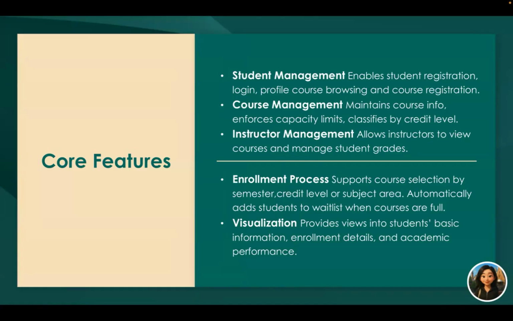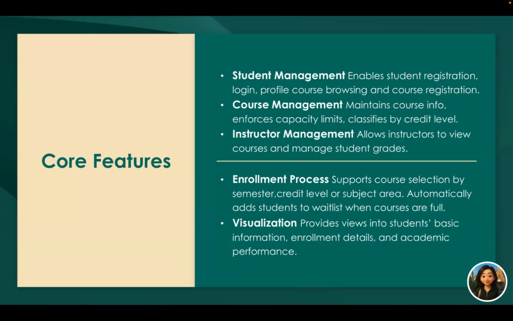For managing course information, we built a course management module. This allows the system to store detailed course data, enforce capacity limits, and classify courses by credit level or subject. And for instructors, they can view the courses they are assigned to and enter or update student grades throughout the semester.